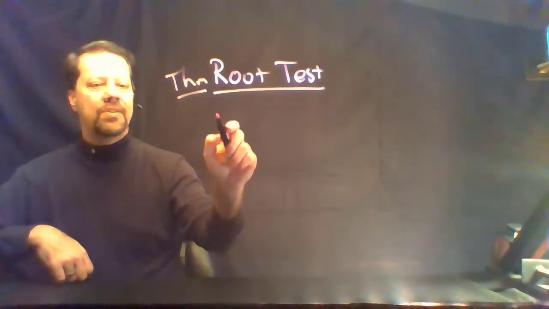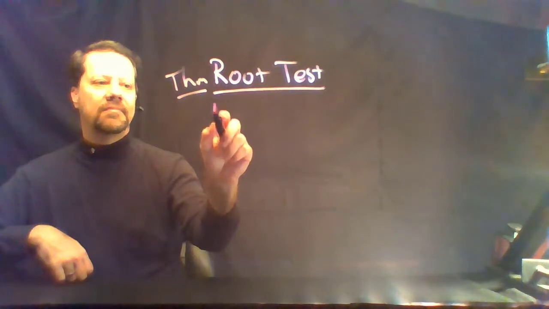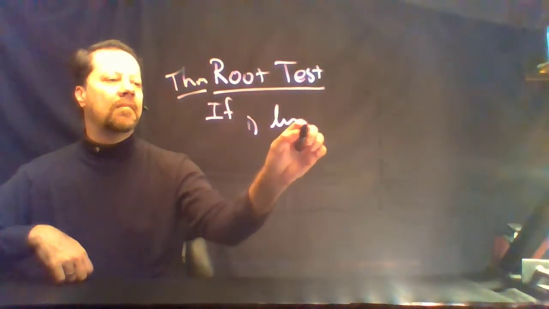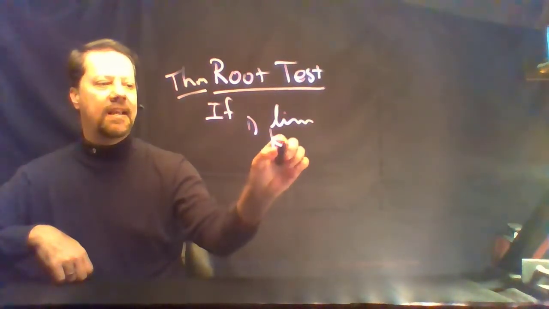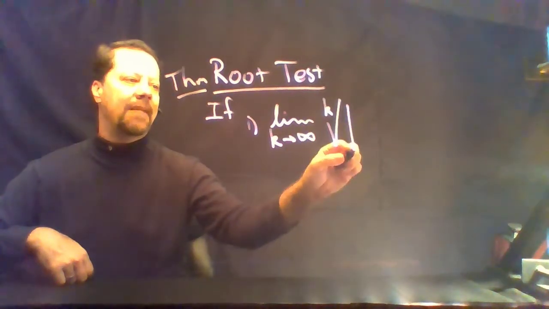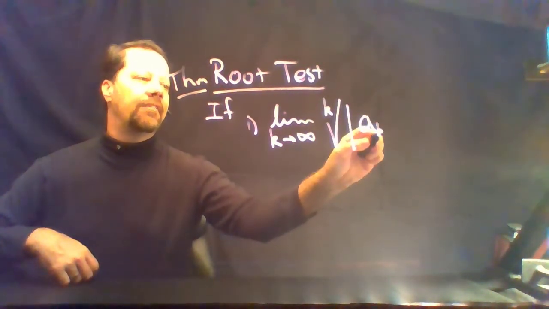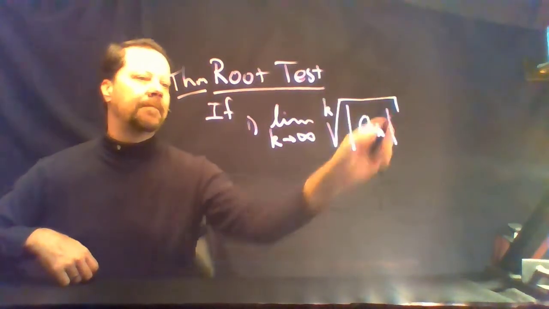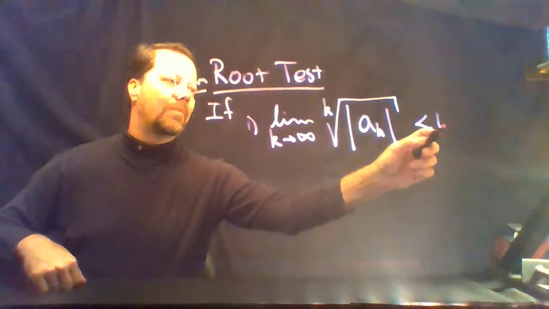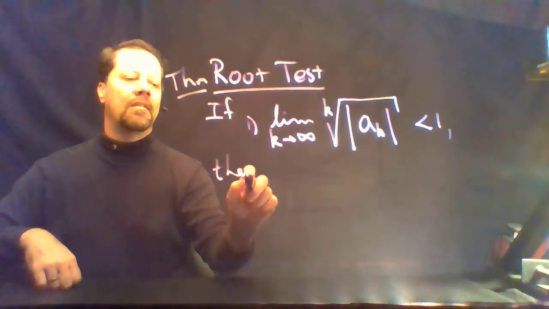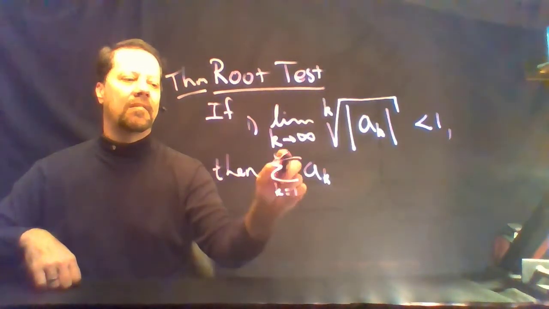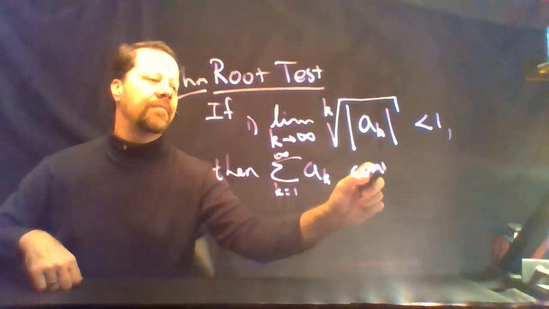The root test also looks at a limit. The limit as k goes to infinity of the kth root of the absolute value of a sub k. If the kth root of a sub k is less than 1, then the series involving a sub k converges.